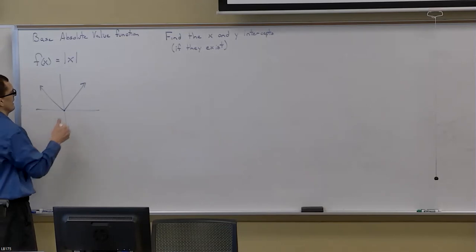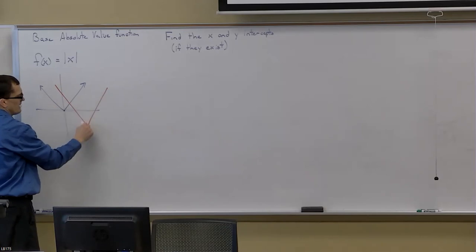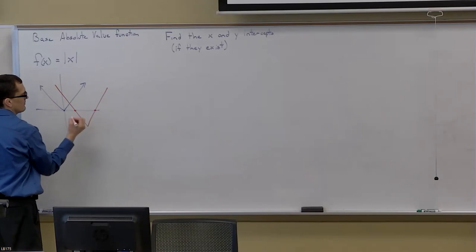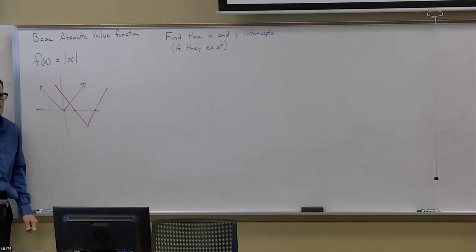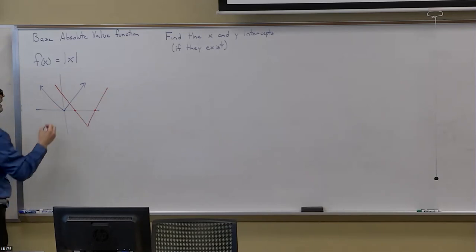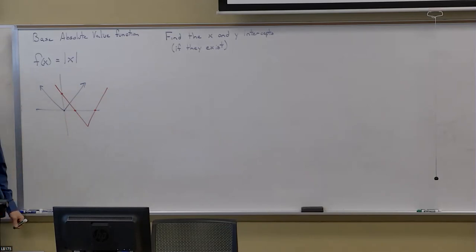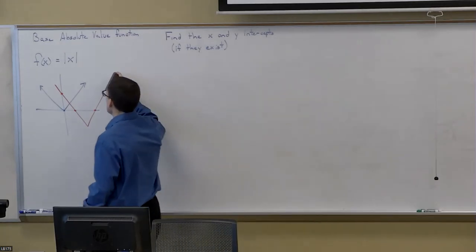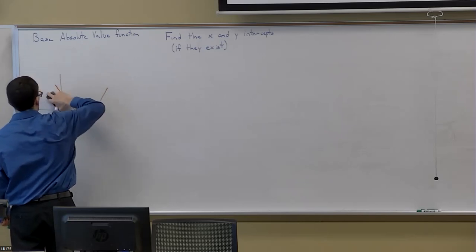So for instance, if we take our base function and we shift it right and down, then this absolute value function is going to hit the x axis in two spots, and it's going to hit the y axis in one spot. I'm going to erase my base function here.